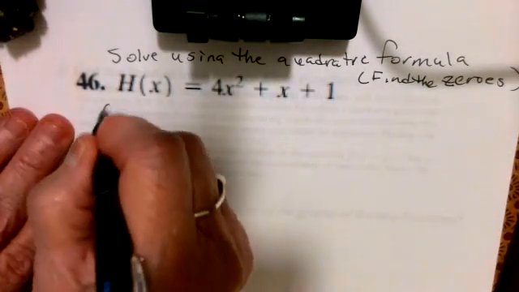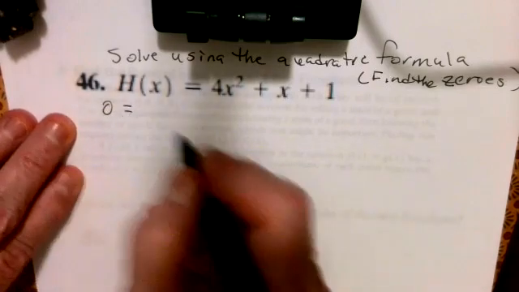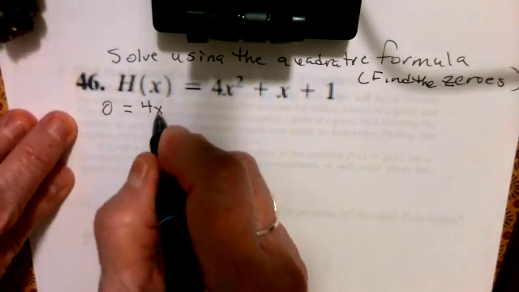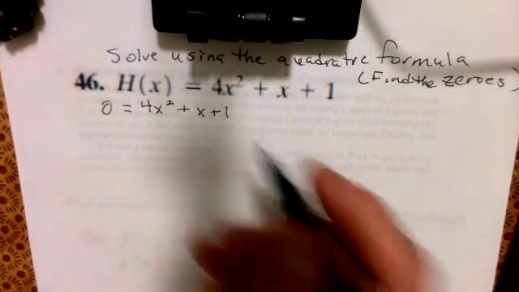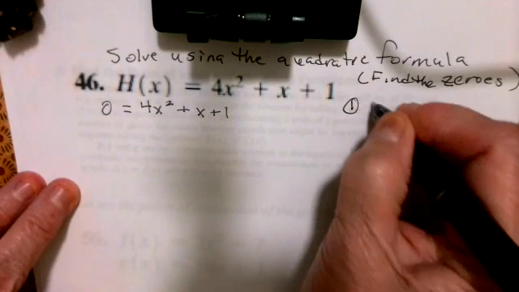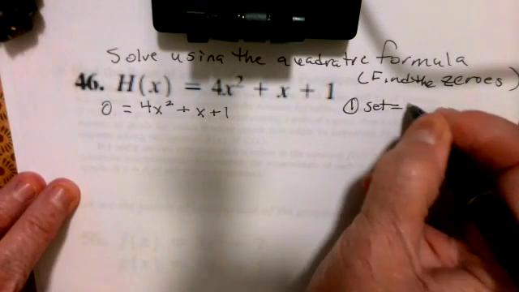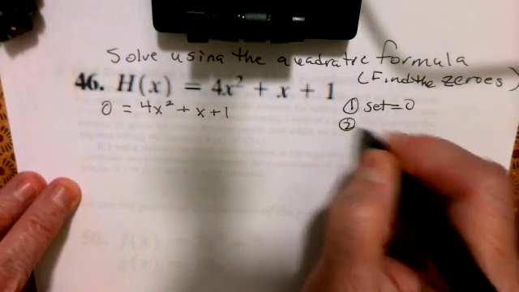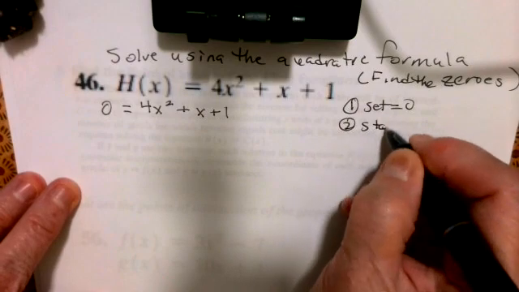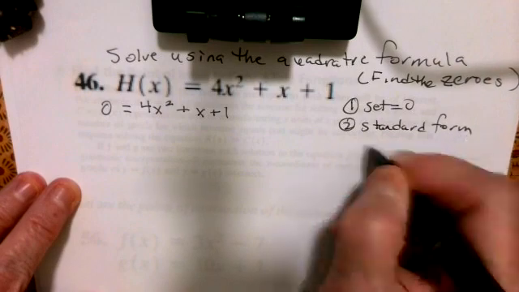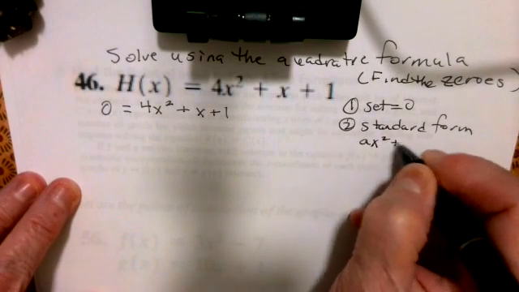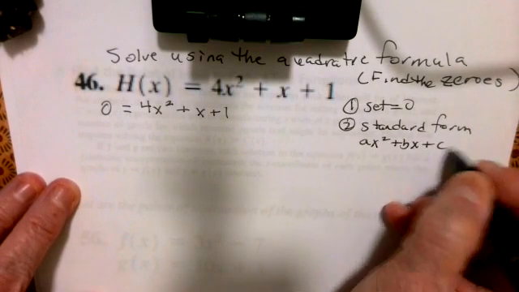So let's just go ahead and set it equal to 0. Make sure it's in standard form. So really, if you write the steps, set it equal to 0. It needs to be in standard form, which goes ax squared plus bx plus c equals 0.